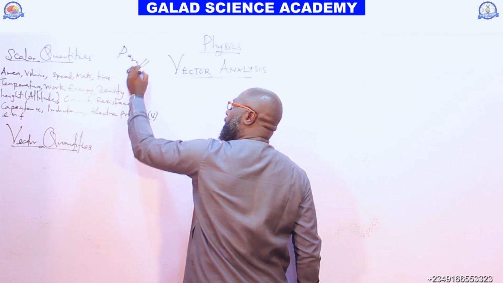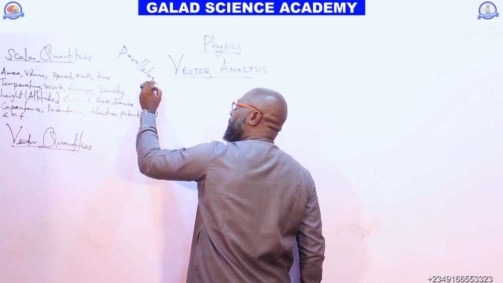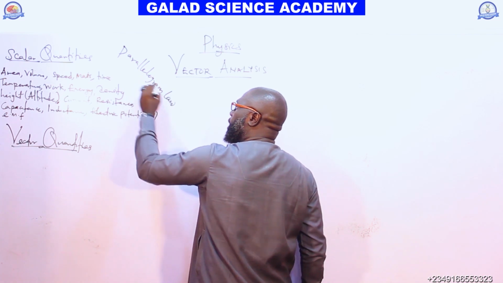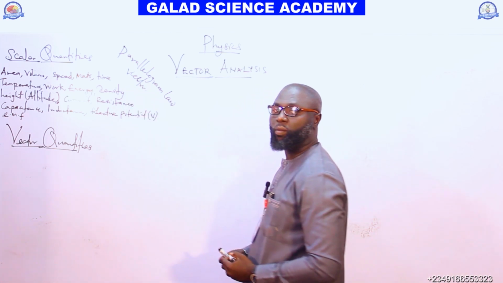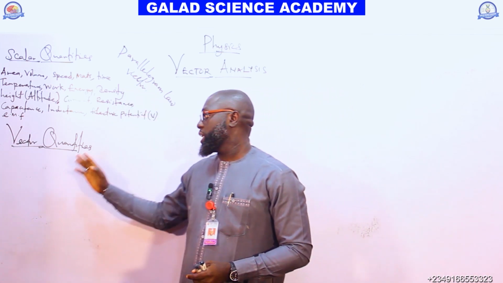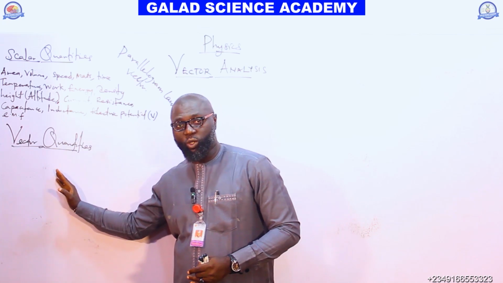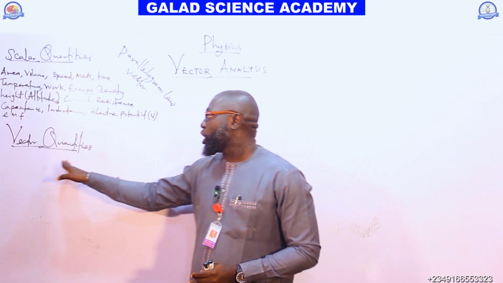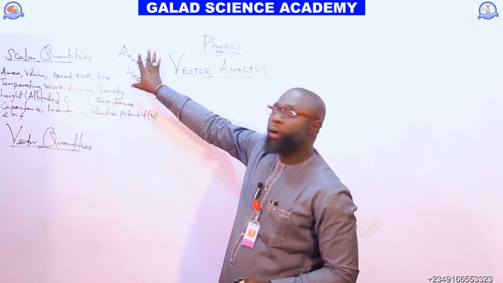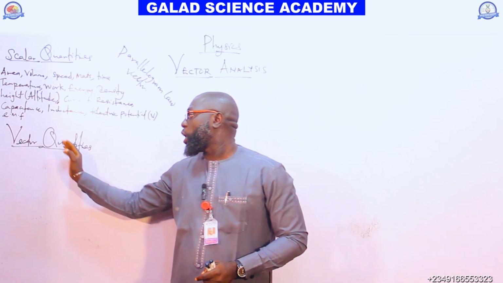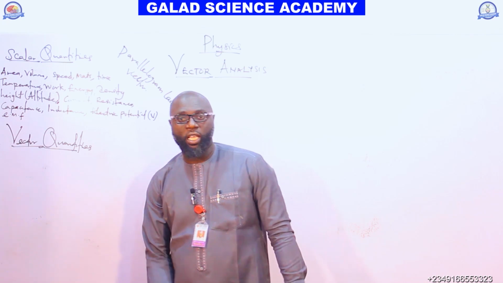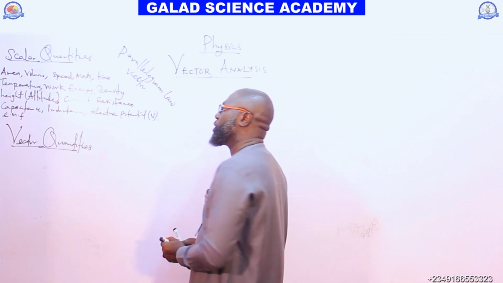Para what? Parallelogram. Law of what? Of vectors. So any quantity that has both magnitude and direction and also undergoes the parallelogram law of vectors, such a quantity is called vector quantity.